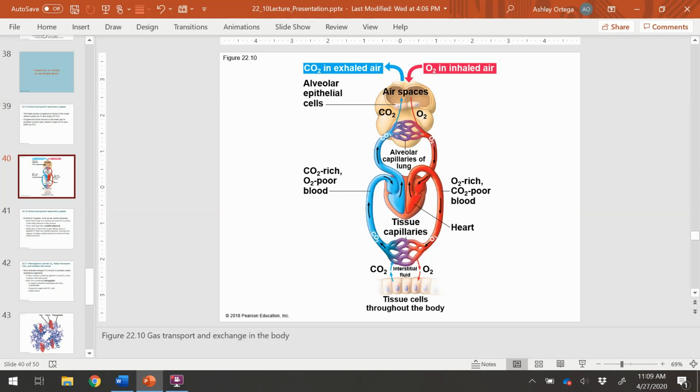We'll see the circulatory system next chapter, and we'll look at those structures more. But overall, the important idea here is that the heart is pumping blood to the lungs and then to the body to exchange gases.